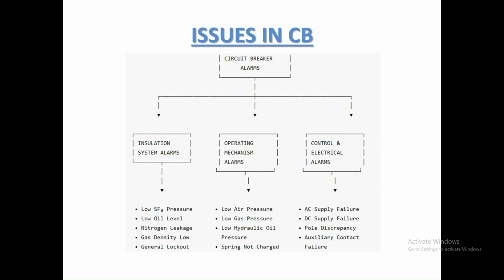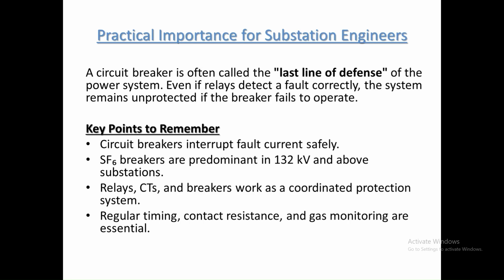Similarly, for the mechanism, we can have low gas pressure, low hydraulic pressure, spring not charged, low air pressure, like that. Similarly, for control: AC supply fail, DC supply fail, pole discrepancy, auxiliary contact failure. These are the kinds of issues we encounter in our real-time power system, real-time breaker.